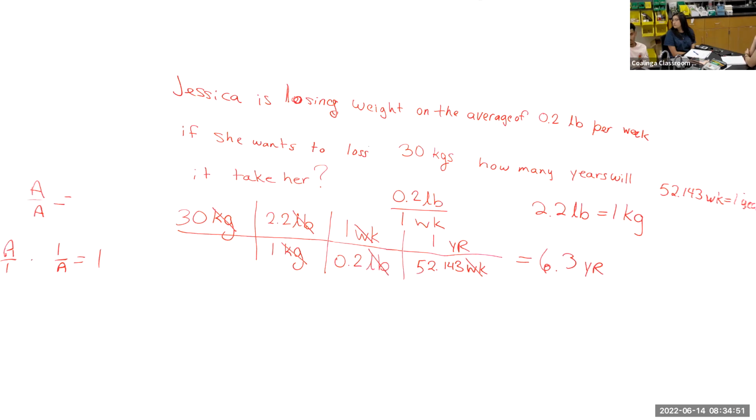I know that in 1 year, there's 52 weeks. So then we cancel that out, and we're left with just what we want. Does that make sense? Again, it's just following each step.